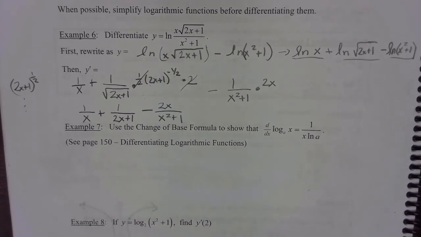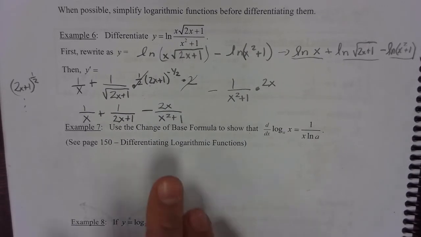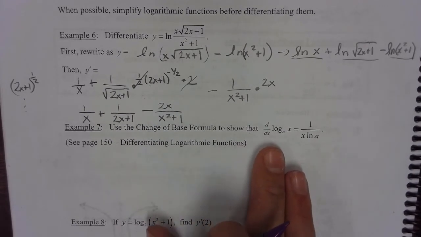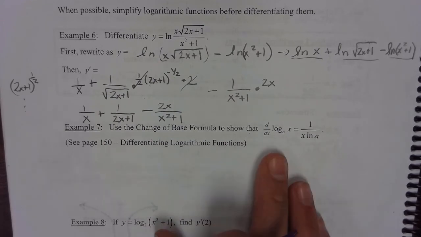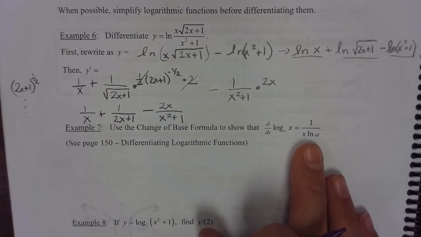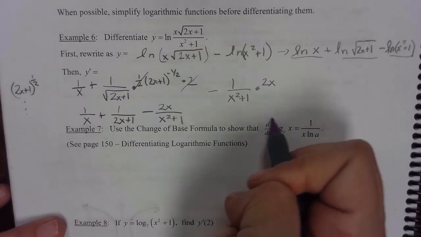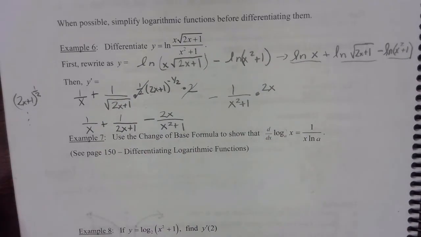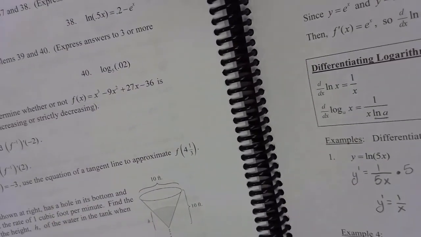Alright, so right here it's proving to you about why the log basis. So I do want to go through this so that way you can see where we're getting 1 over x ln a. So first let's change this base. So going back to the other page, where was it? Sorry guys, the light went out again.